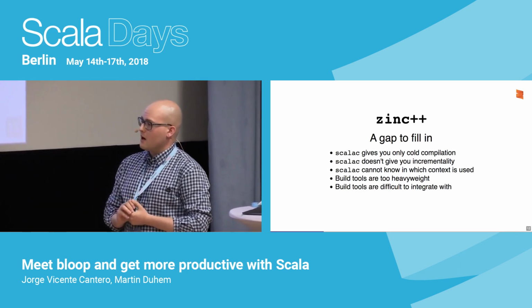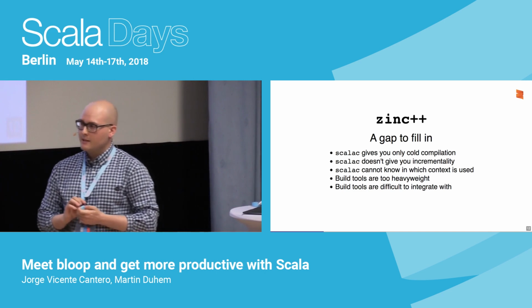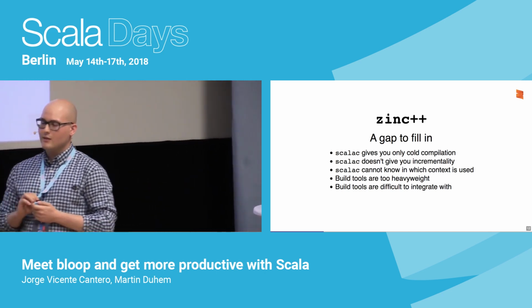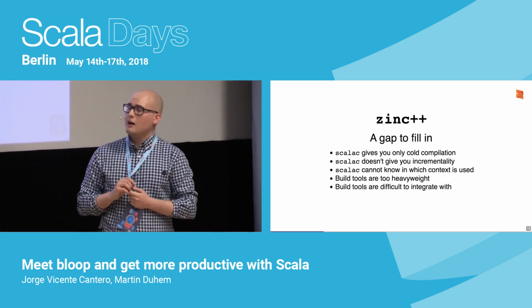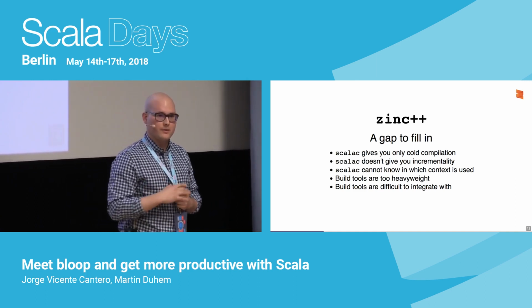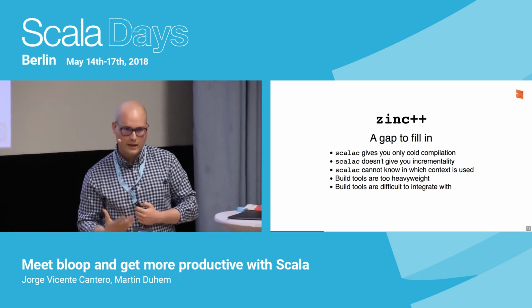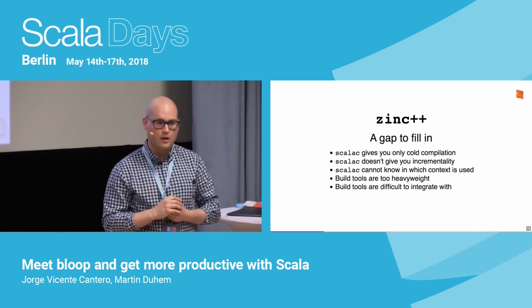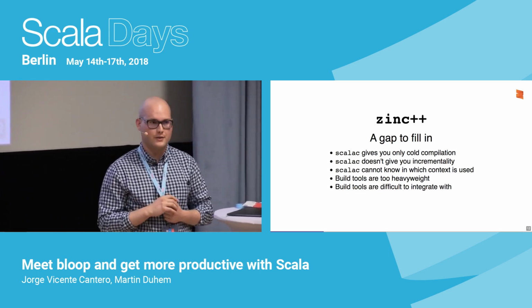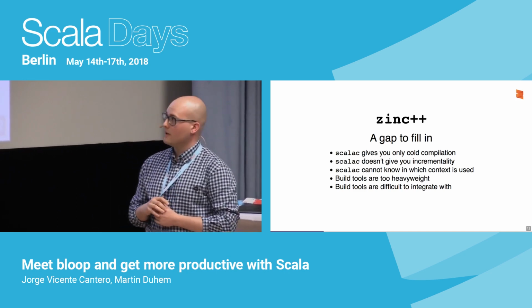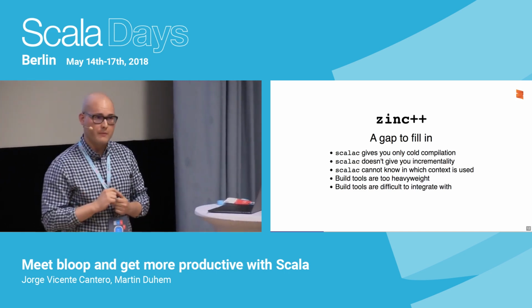And one of the bad things about using scalac directly is also that you cannot reuse the context in which the compiler is used. Usually compilation happens in a context, and it may be very useful for that compiler to know what that context is, so that it can apply optimizations. Right now, there is no way to do that, and we think that Bloop can be a good solution for that.